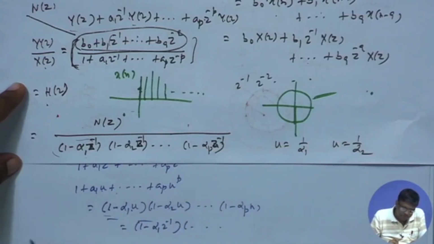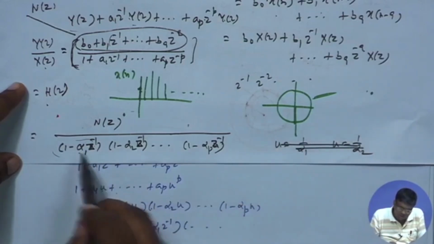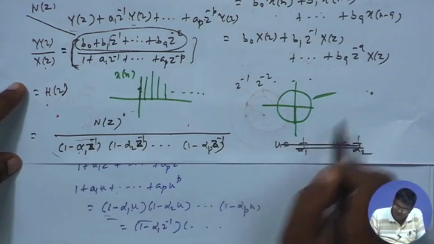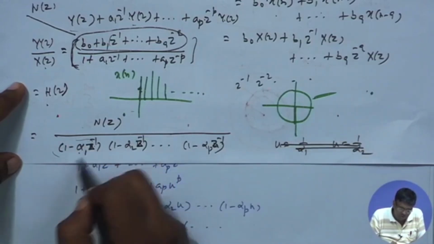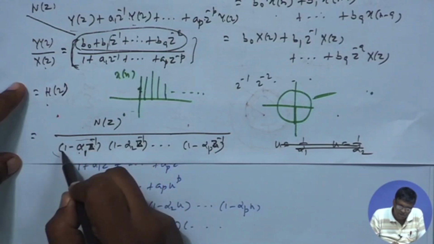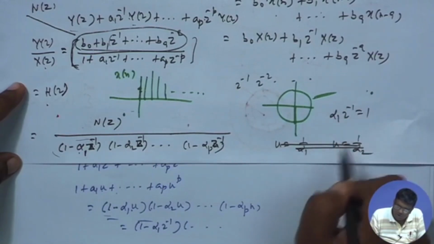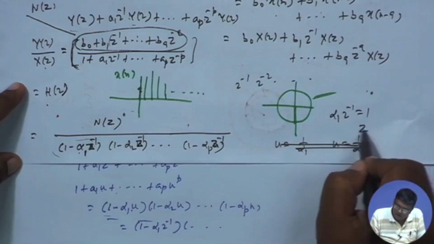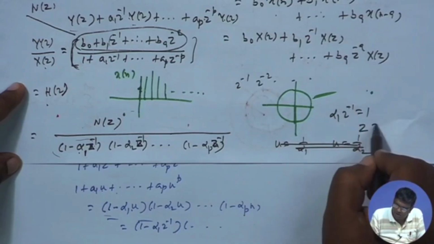Okay. So, at what value will this factor be 0? Alpha 1 into Z inverse equal to 1, which means Z equal to alpha 1, taking Z inverse, that is 1 by Z, to the right hand side.